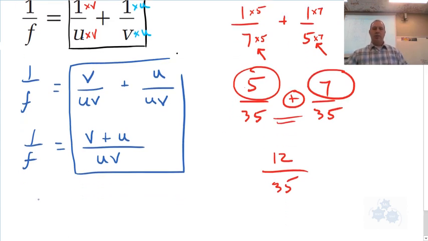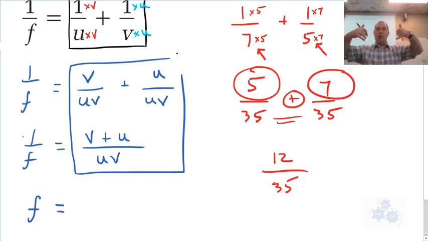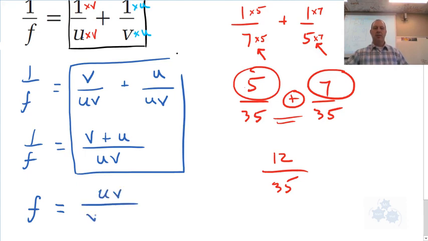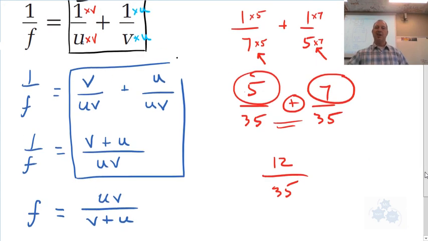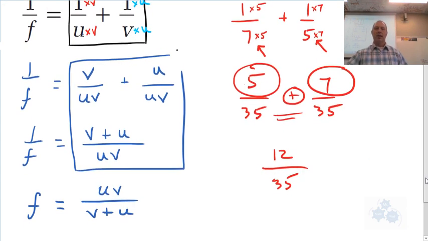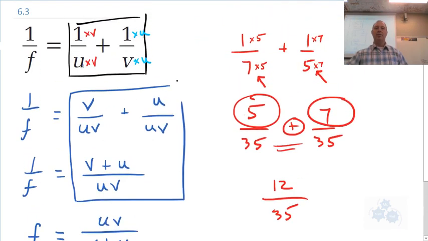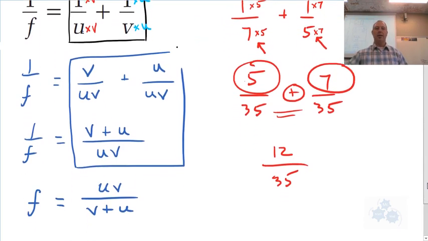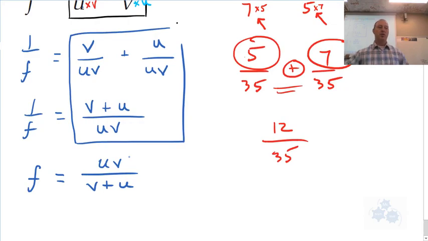So if we want to find an expression for f, then I can take the reciprocal of both sides, and it's u times v over v plus u. So that's a connection to science. We haven't broken it down like this before in science, but anyways, that's how we would do that.